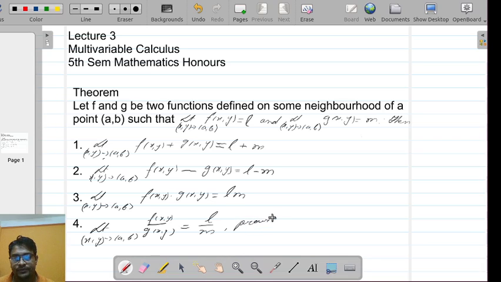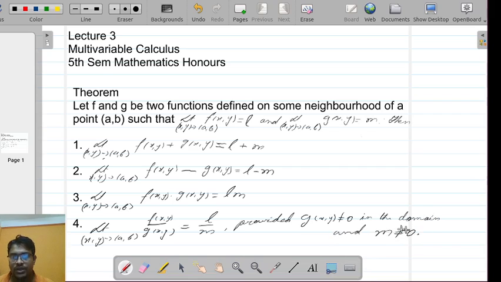It is provided g(x, y) is non-zero in some neighborhood, in the domain, and M is also not equal to 0.